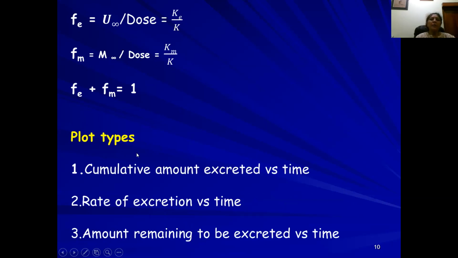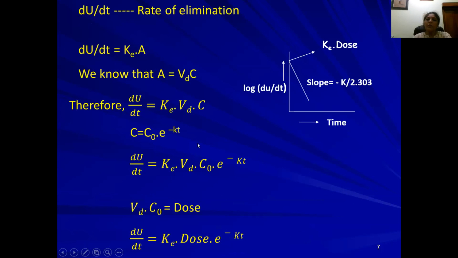Now what are the three different plots we can do here is, one is cumulative amount excreted versus time, which I showed you. The other is rate of excretion versus time. See, when you plot a graph of log dU by dt versus time, we get a straight line, slope of which is equal to minus K divided by 2.303, and intercept is equal to Ke into dose.